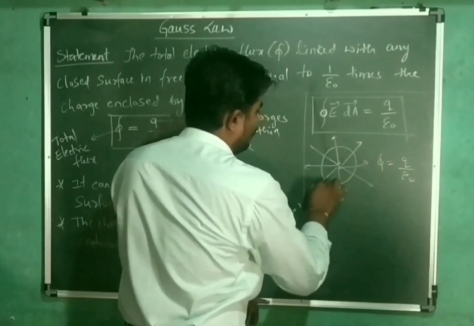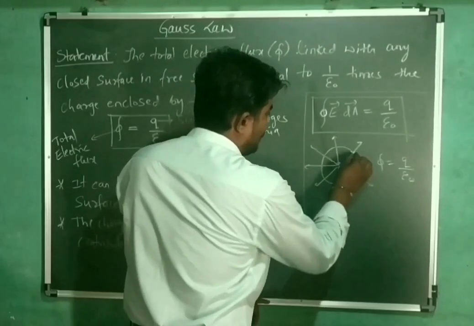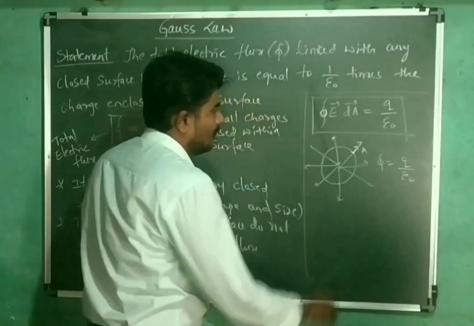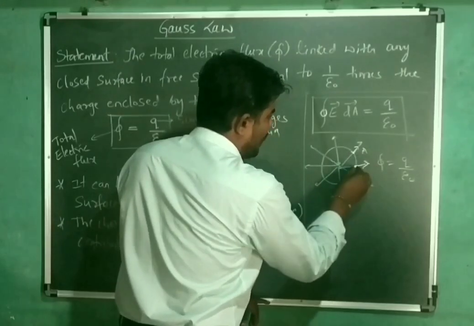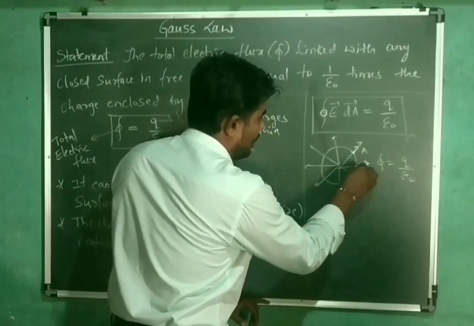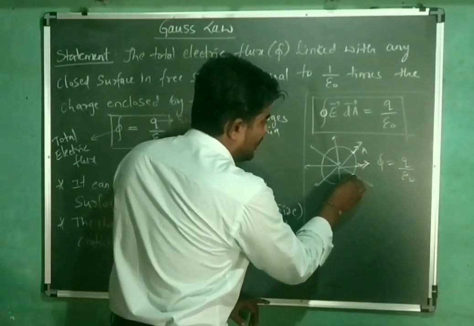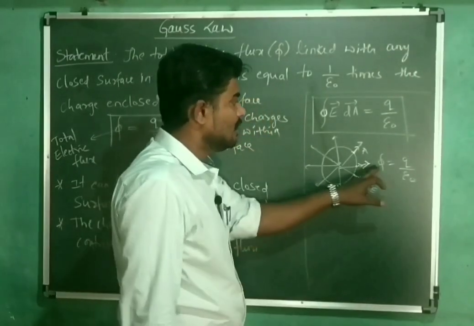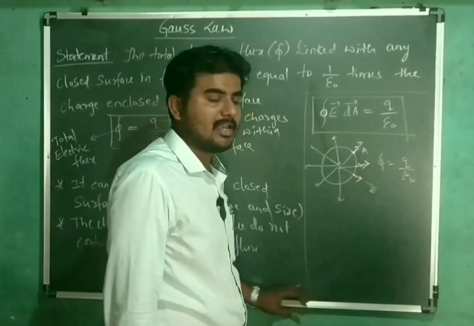Here we can consider the area vector. This is the electric field, and this is the area vector. Therefore, the total flux is q divided by epsilon.